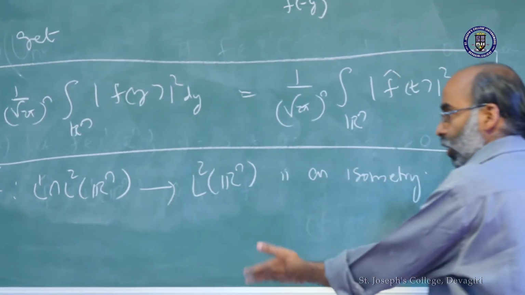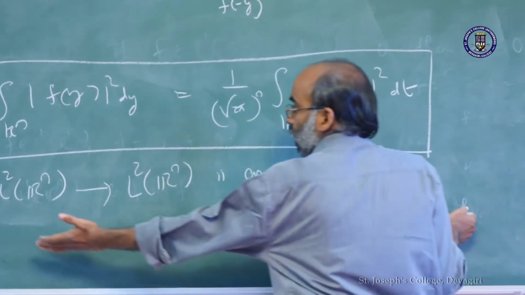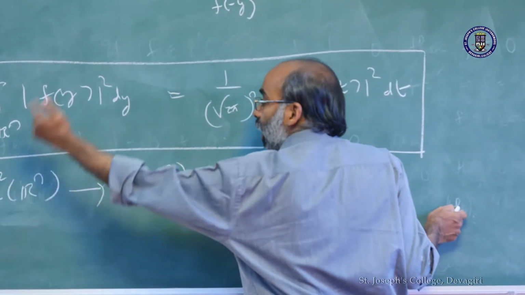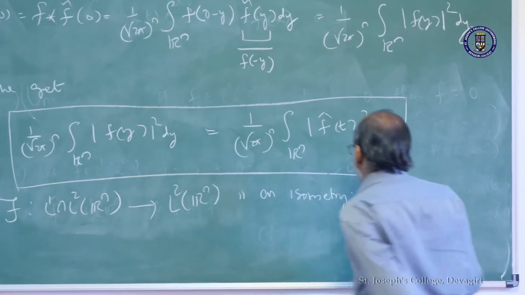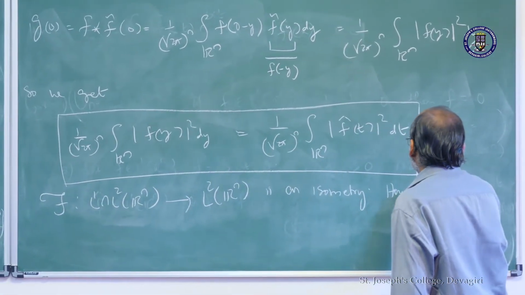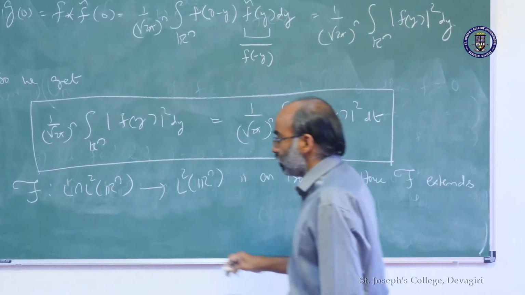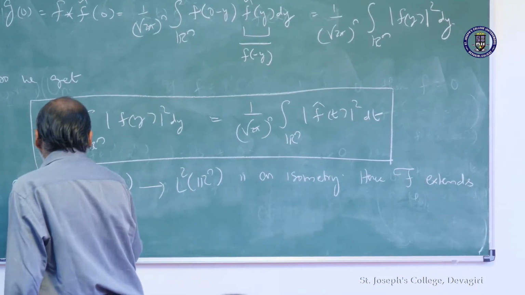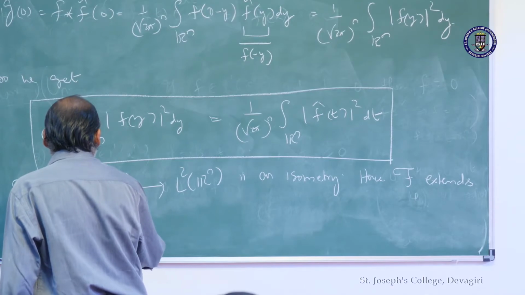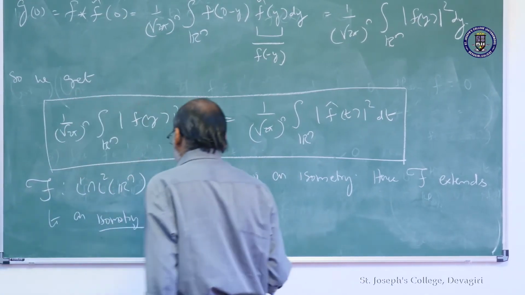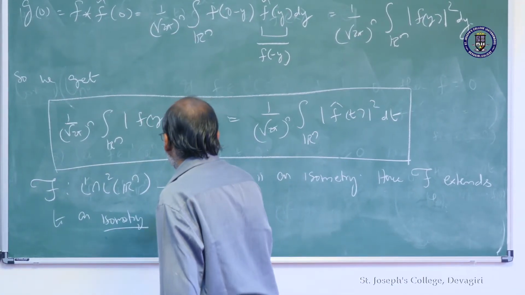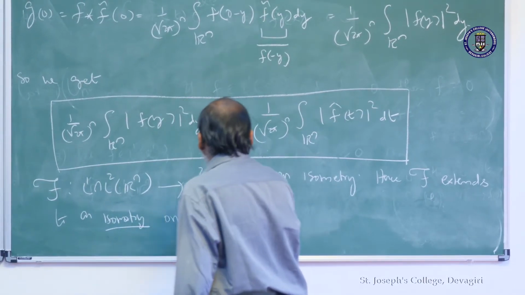By general functional analysis results, because this is a dense subspace in L2, it will extend to an isometry. Hence, script f extends to an isometry. It is still slightly far from the theorem, an isometry on all of L2.